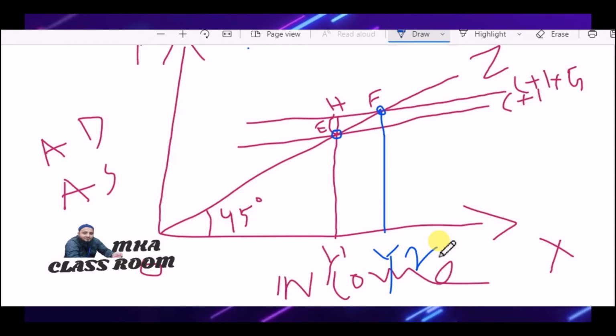That means it increases the level of income and expenditures.